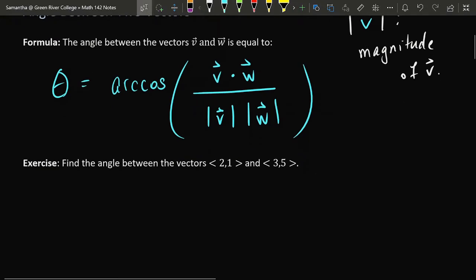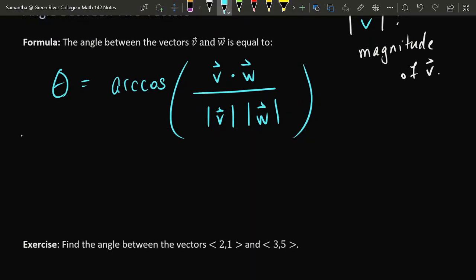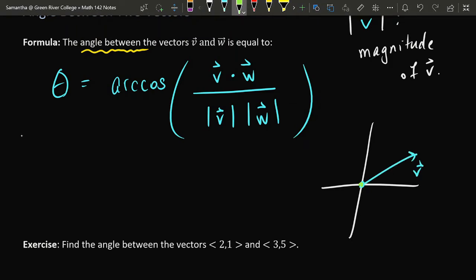Now, to make a quick note, the angle between the vectors v and w is not the same as the direction angle of the vector v, and is not the same as the direction angle of the vector w. If I were going to represent this pictorially, here maybe is the vector v, and here maybe is the vector w.